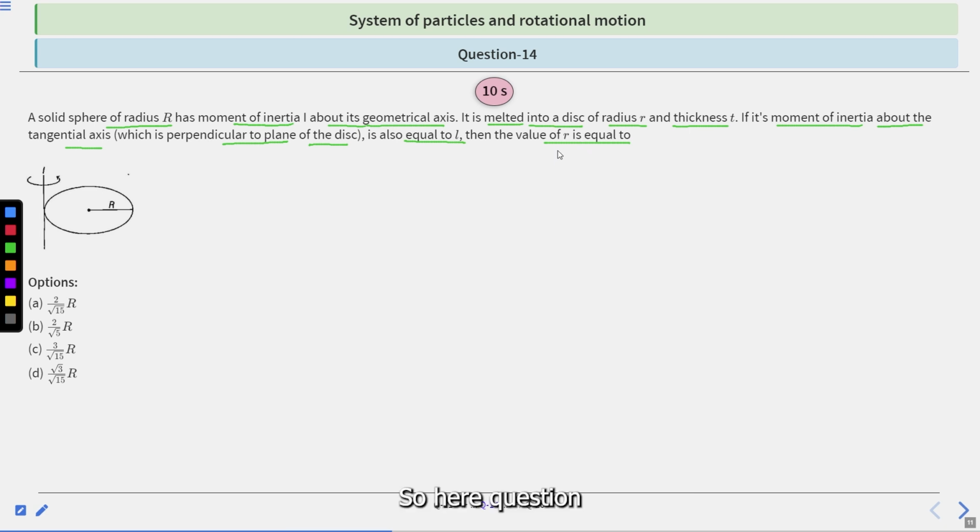So here the question asks about the value of r. Option A, 2 divided by root 15 R. Option B, 2 divided by root 5 R. Option C, 3R divided by root 15. And option D, root 3 R divided by root 15. So which option is correct? You have 10 seconds to solve this question. After 10 seconds, we will provide the solution.